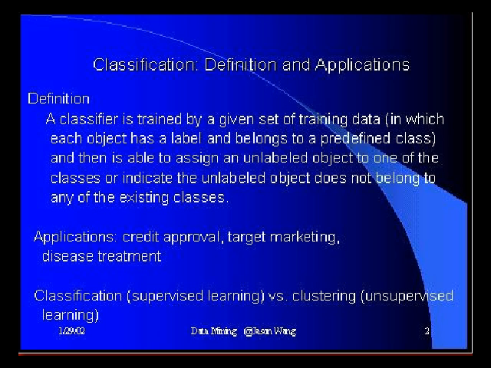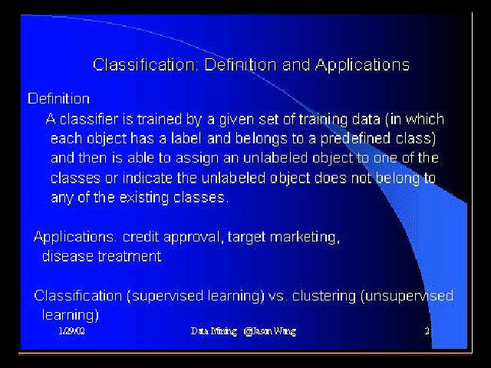What is classification? A classifier is trained by a given set of training data in which each object has a label and belongs to a predefined class.